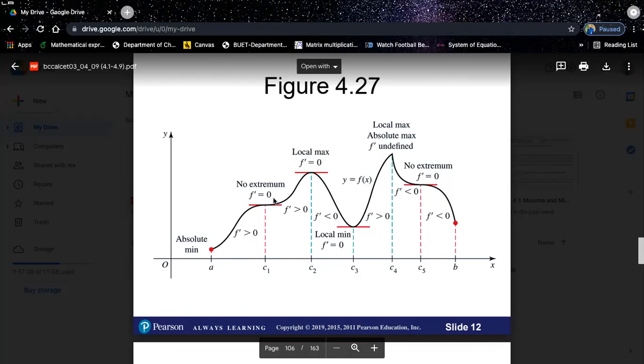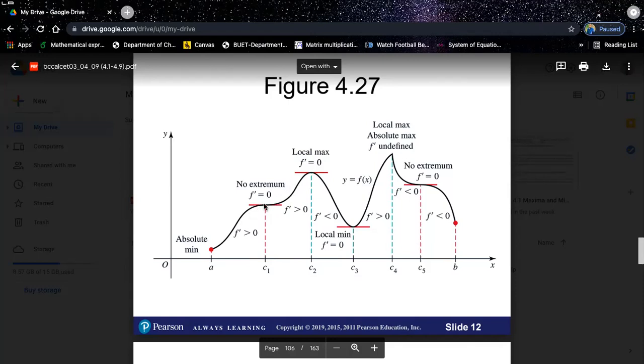If you look at the first critical point, you can see the line parallel to the x-axis, so definitely we have a critical point here. If we look at the neighborhood of this point, it was positive before C1 and it's still positive afterwards.